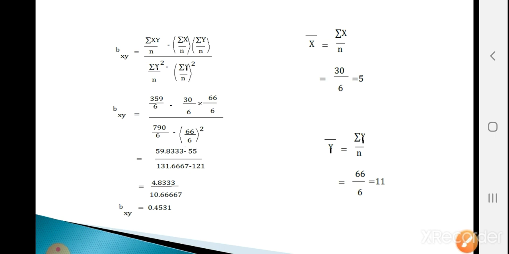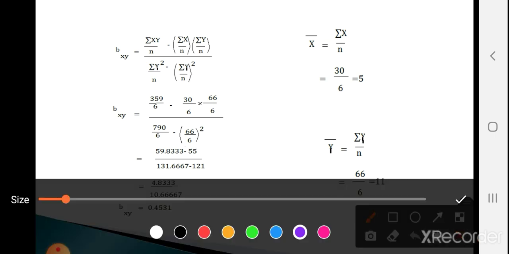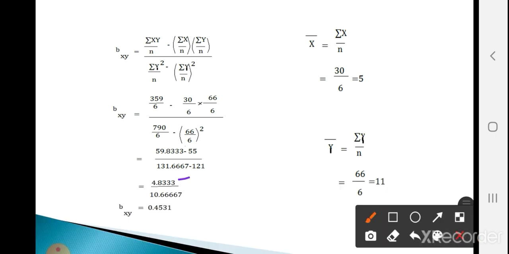Now 59.833 minus 55 is 4.8333, divided by 131.6667 minus 121, that is 10.6667. Then 4.8333 divided by 10.6667 is 0.4531.